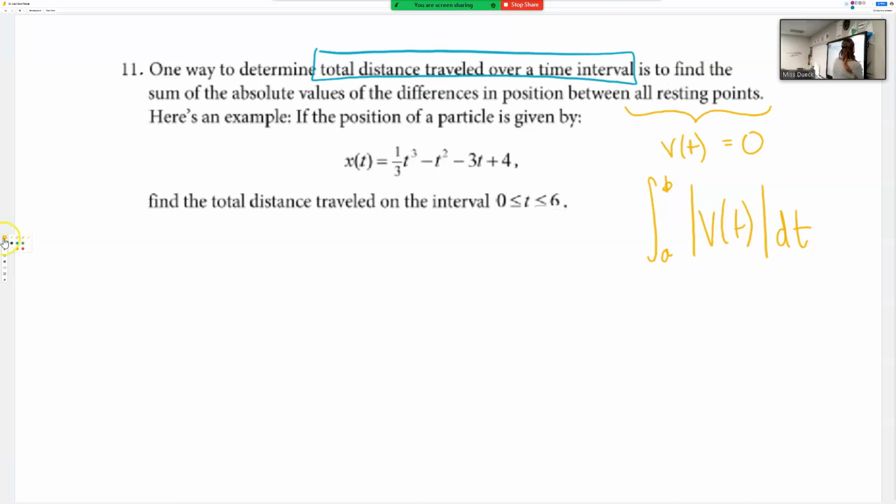From what we saw last time, I need to split at all those different zeros, which we just said are all the different resting points. I split up the bounds between all those zeros, and say, you moved right for a while, you moved left for a while. I want to take both those distances, make them positive, and say how far I went.